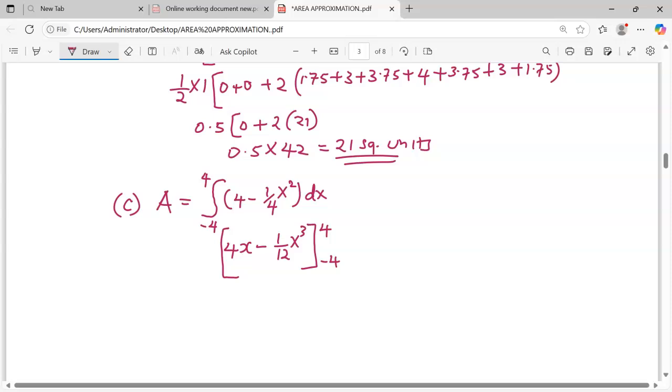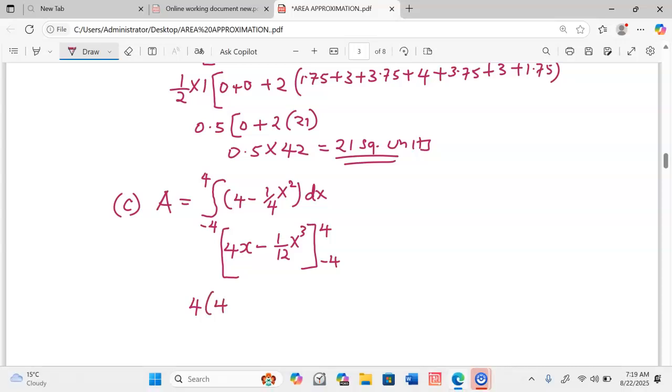So we are going to substitute the maximum value, which is 4. We multiply by 4 minus 1 over 12 into x, which is 4, and this x is cubed, then minus 4 into negative 4, which is the minimum value, minus 1 over 12 into negative 4 cubed.